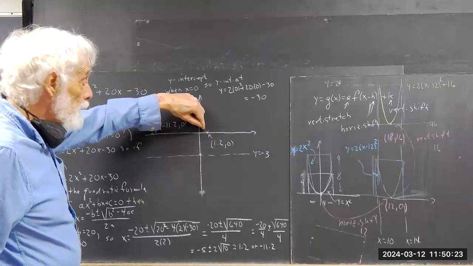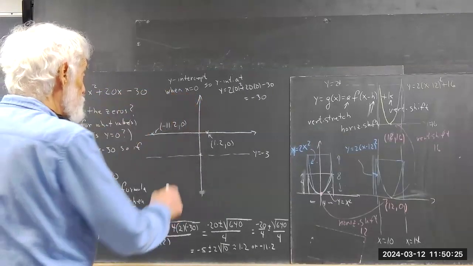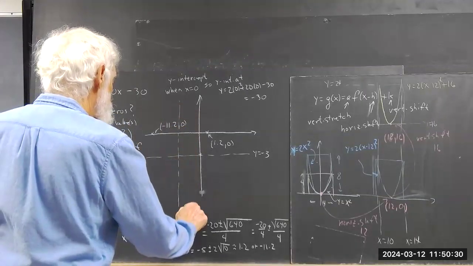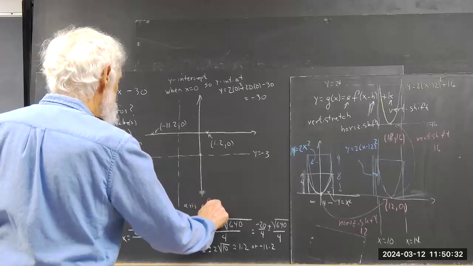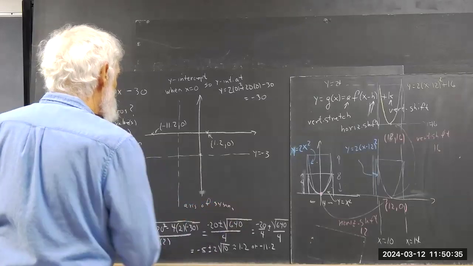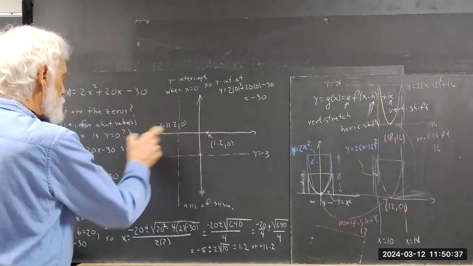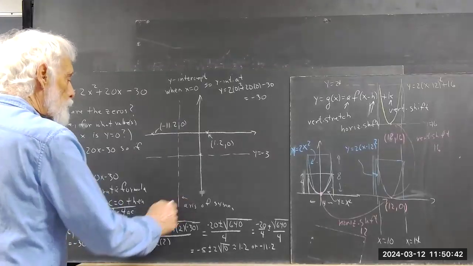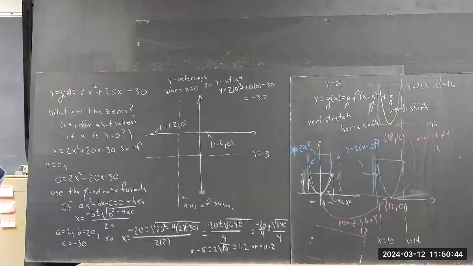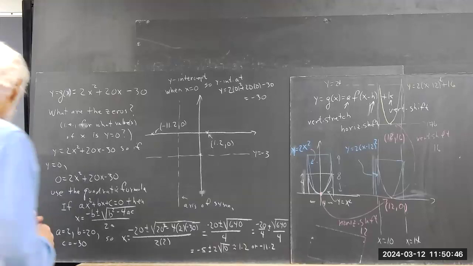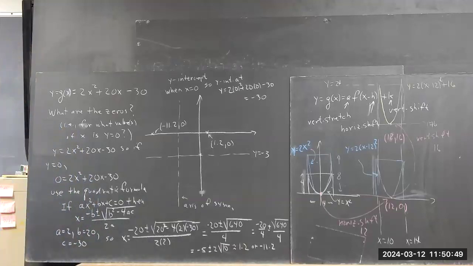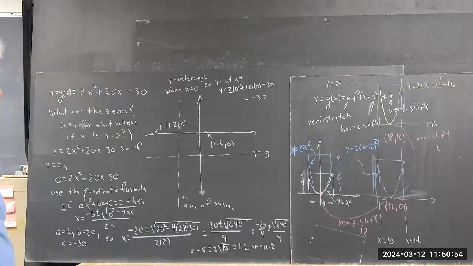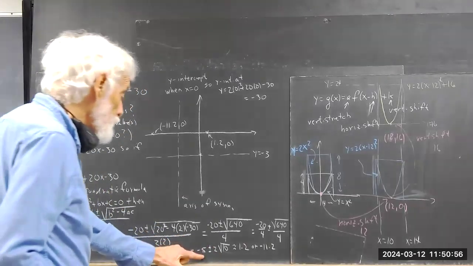If these are both points on the graph, then the axis of symmetry has to go here. I think I kind of missed it. That distance is a little too big, but you get the idea. Now, where is the axis of symmetry? I can add these 2 zeros, and what I get is negative 5.